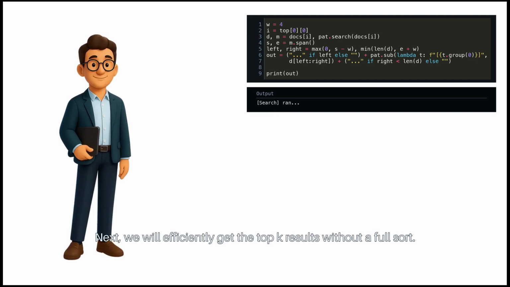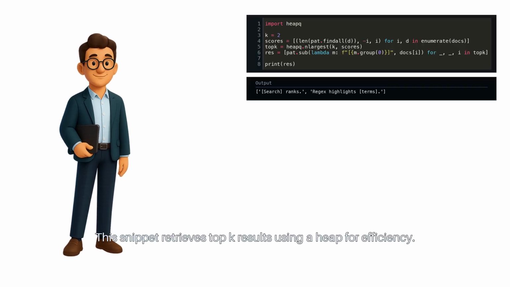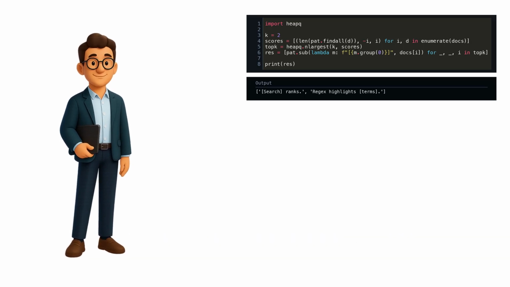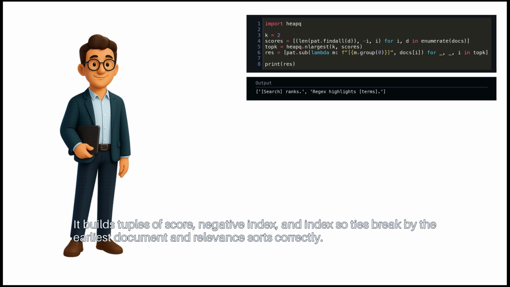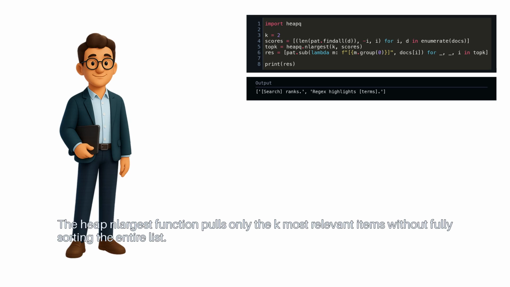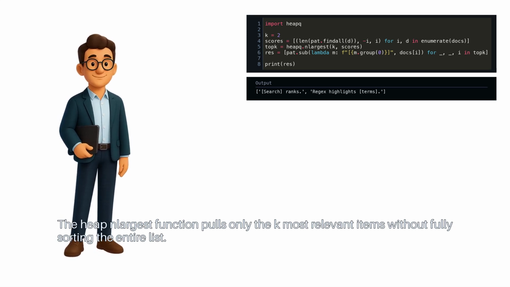Next, we will efficiently get the top K results without a full sort. This snippet retrieves top K results using a heap for efficiency. It builds tuples of score, negative index, and index, so ties break by the earliest document and relevance sorts correctly. The heap nlargest function pulls only the k most relevant items without fully sorting the entire list.